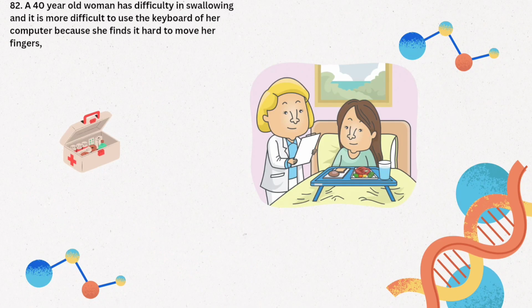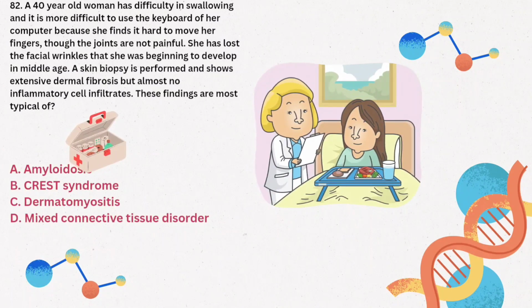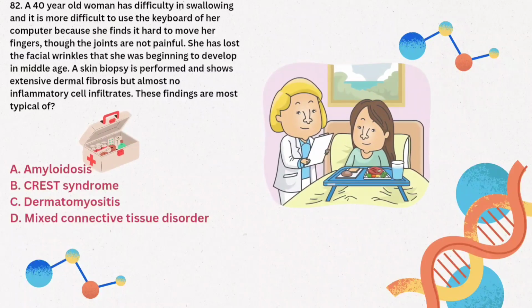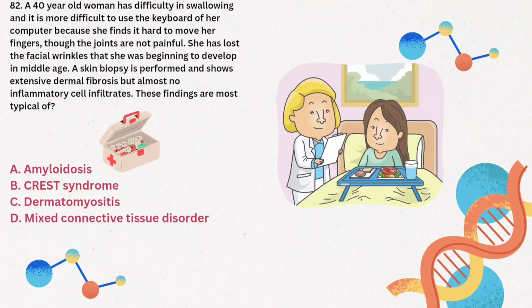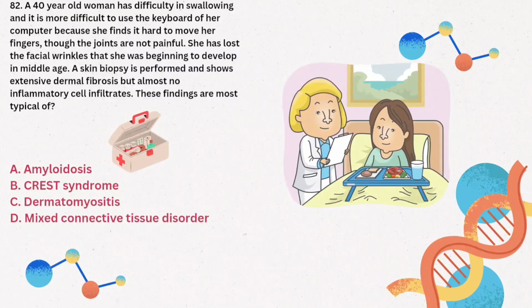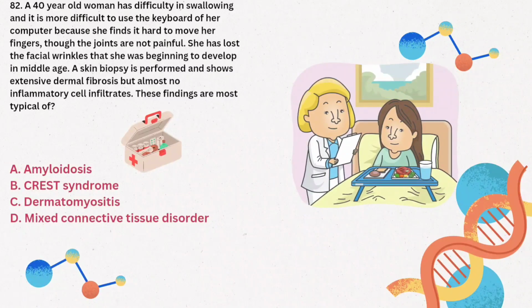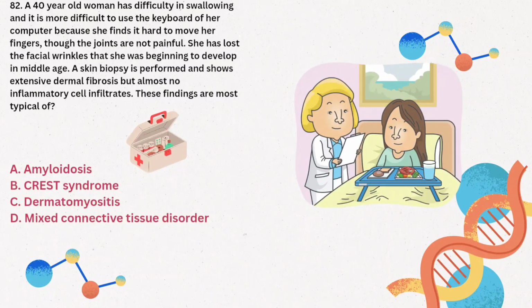A 40-year-old woman has difficulty in swallowing, and it is more difficult to use the keyboard of her computer because she finds it hard to move her fingers, though the joints are not painful. She has lost the facial wrinkles that she was beginning to develop in middle age. A skin biopsy shows extensive dermal fibrosis but almost no inflammatory cell infiltrates. These findings are most typical of A. Amyloidosis.